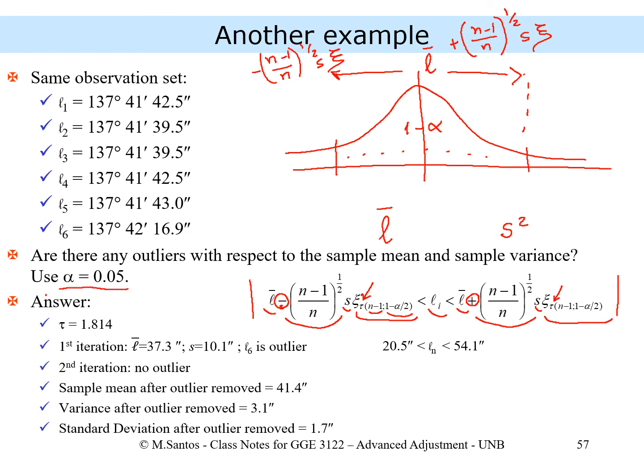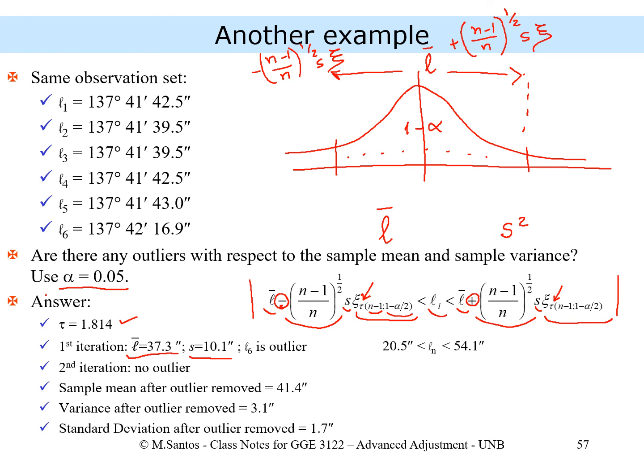Let's use alpha equals 0.05, so 5%. From the table we get 1.814. We're going to look at how we got that. For the first iteration, these are the values that we used. Mean value is 37.3. Standard deviation 10.1.